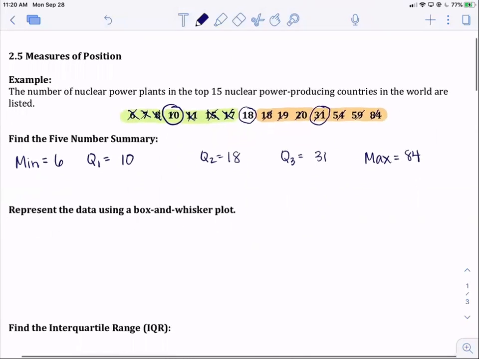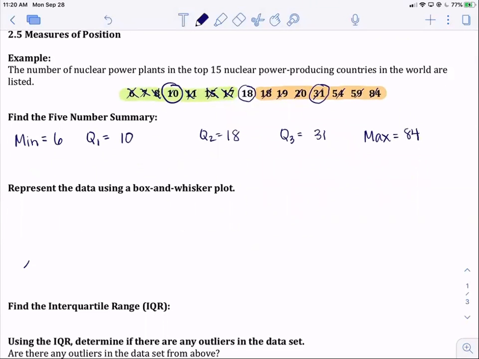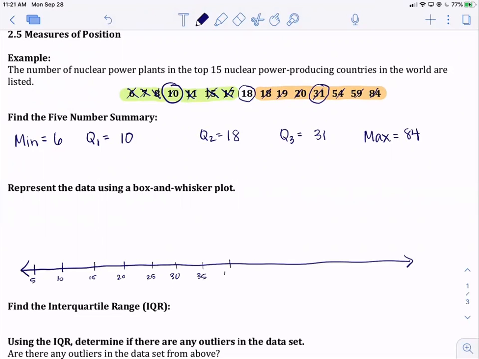So if we want to make a box and whisker plot, we're going to start off with the number line. And here we're going from 6 to 84. I always suggest go by 5s, just because it's easier. Remember, you always want to include every possible number. Supposing it's all going to fit.